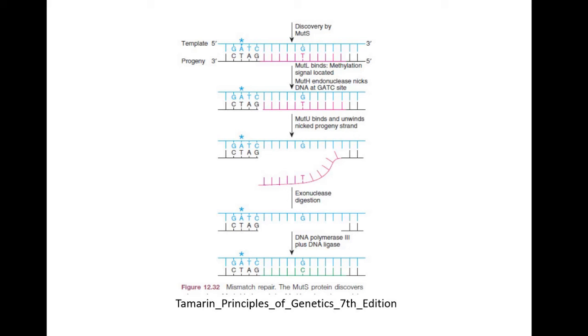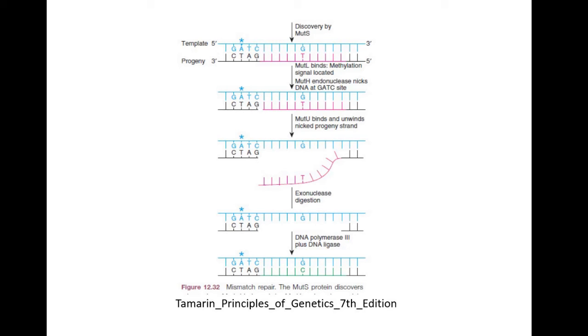This is the diagrammatic representation of mismatch repair. Here we see the G is attached to the thymine. When MUT-L binds, the methylation signal is produced. Then the MUT-H endonuclease forms a nick at the GATC site.